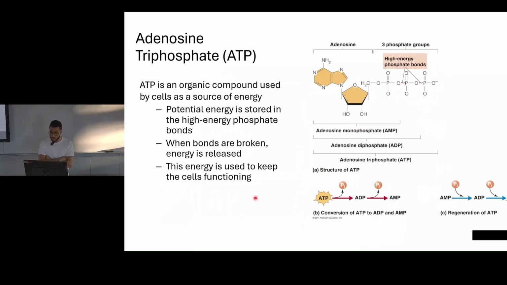So ATP is an organic molecule that has an adenosine group and 3 phosphates bound to it, okay? Adenosine triphosphate. Each phosphate bond, when it's broken, releases a pyrophosphate, just the P with a small i, and releases energy. And this energy is important for reactions that are of the anabolism category, let's say, okay?